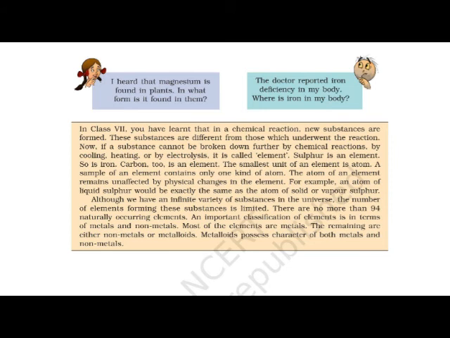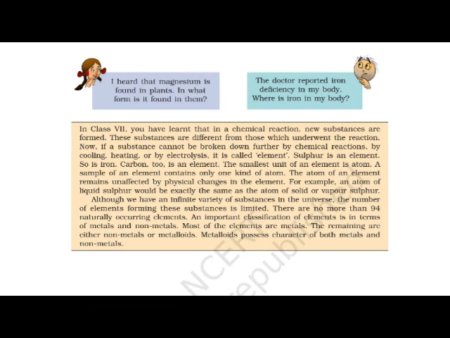Before the reaction, the important part is the reactant, and after the reaction, the important part is the product. So the substance which never breaks down after various processes such as cooling, heating, and electrolysis is called an element.